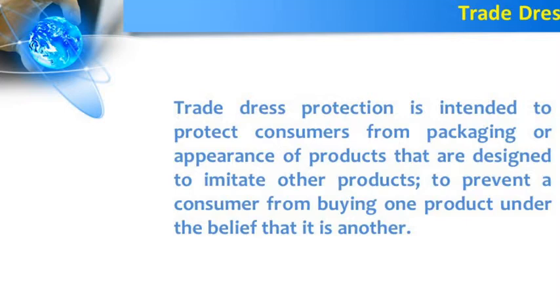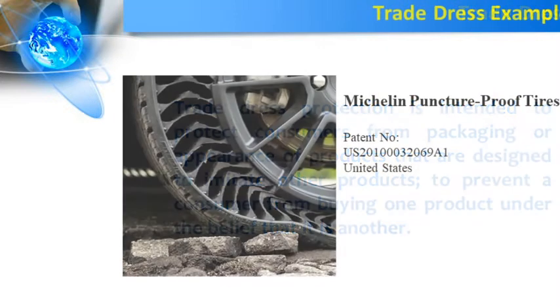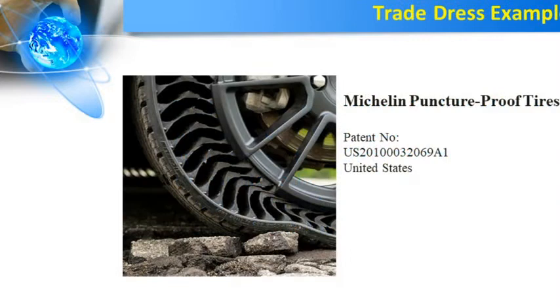It is usually valid up to 10 years and thereafter renewable for another 10 years. This is an example: Michelin puncture-proof tires is an example of trade dress.